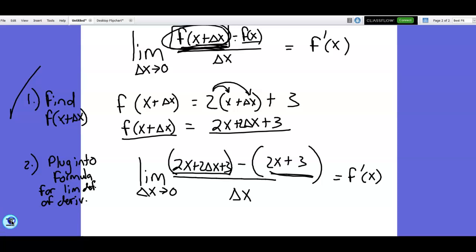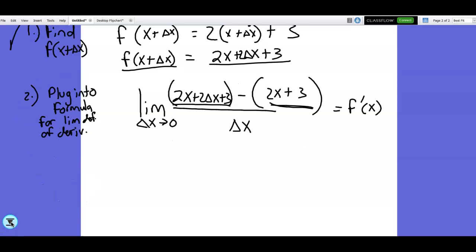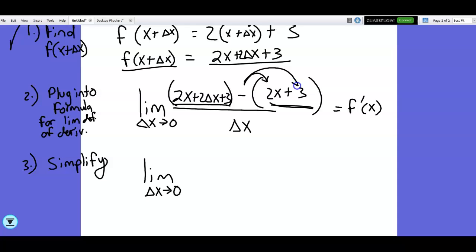All right. The next thing that we're going to do is we're going to simplify the expression in the numerator. And usually that's going to require, like in this case, some form of distribution and combining of like terms. So let me show you what I mean there. In this case, I'm going to distribute that.